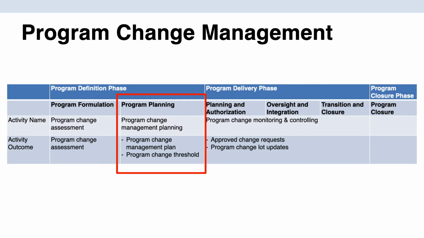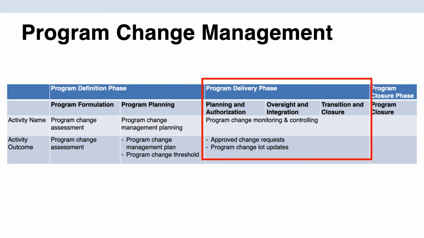It includes how to capture changes, analyze them, seek approvals, and communicate their status to the requesting and impacted stakeholders. Next, we move on to the program delivery phase. During this phase, the program change monitoring and controlling activities happen, and this produces the approved change request and updates to the program change log.